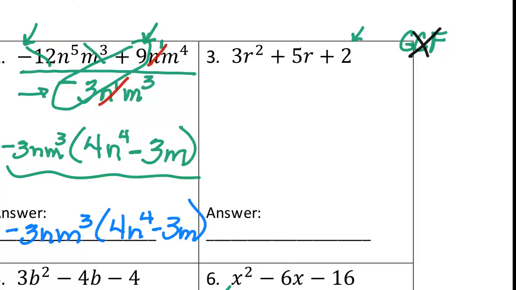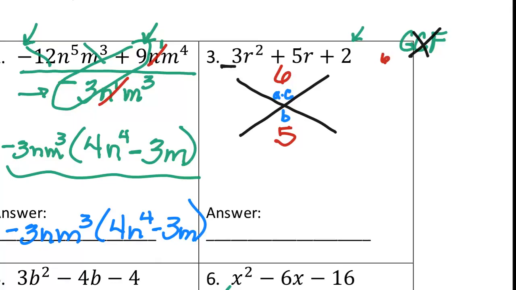No. I do not have a equal to 1, so I do need to do the x factor, and we need to work it all out. So a times c goes at the top. A times c is what for this problem? 6. What's my b value? 5. Listen to you guys. I love it.